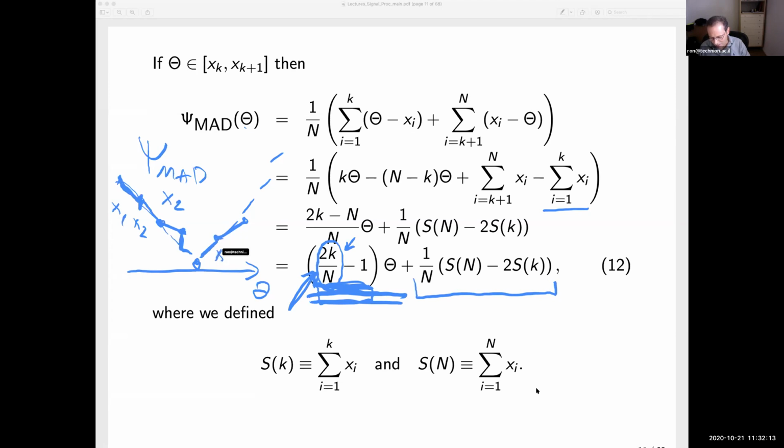Assume that n is 10, so this is x6, and this would be x7, so the slope would be positive, and this would be between x7 and x8, so the slope would be positive. Okay, and in fact, you can see that the slope is increasing, so it would be a monotonic function, and then it would be like that. So the more we deviate from the median, the larger the slope of this function would be.